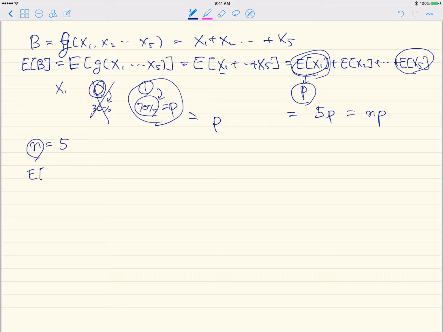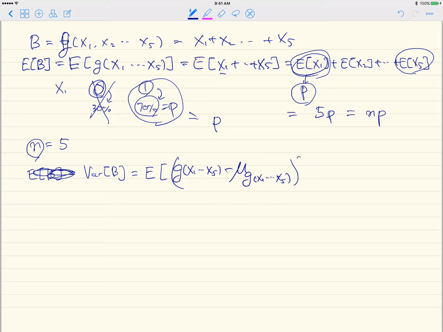Then we can also compute the variance in this form: minus mu of g of x1 through x5, squared, and then we have some probabilities, right?